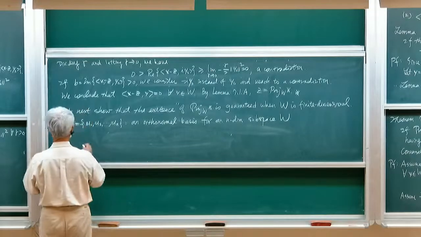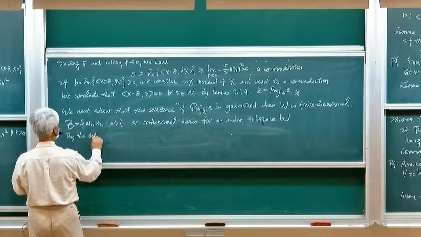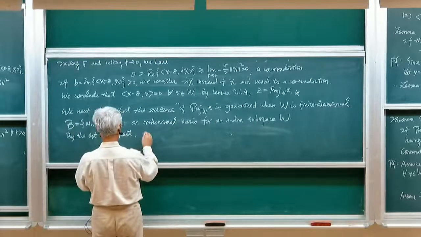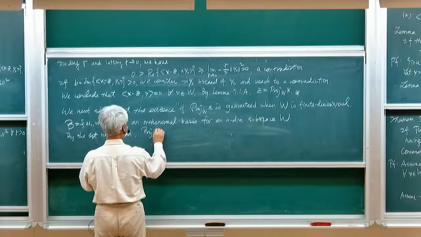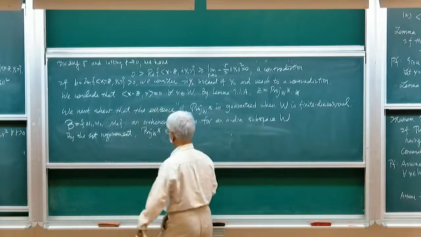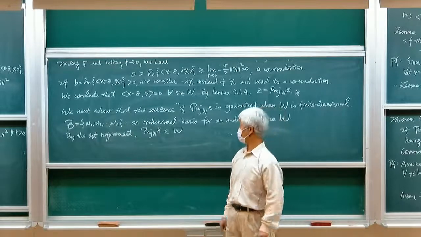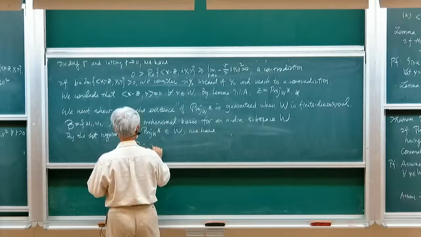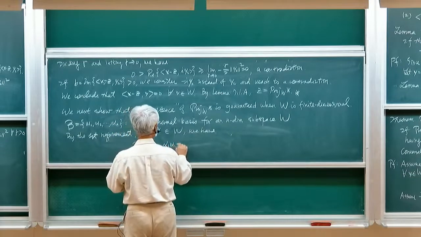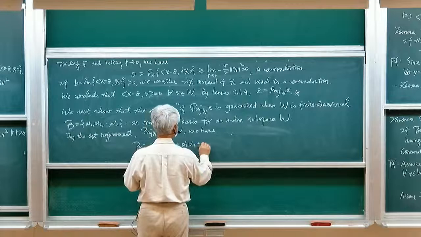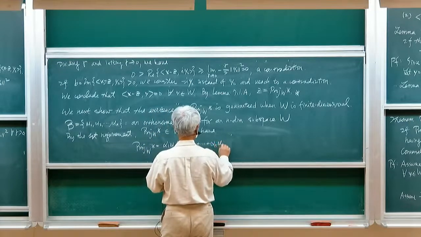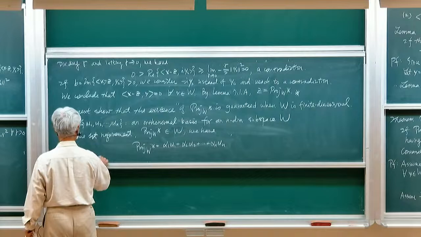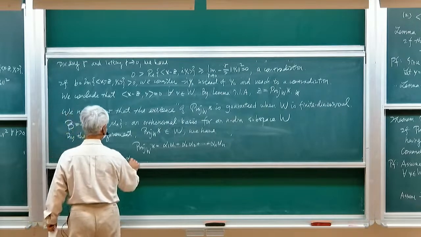All right, and so by the first requirement, the orthogonal projection onto W should be in W. So this orthogonal projection can be written as a linear combination, for some scalars alpha 1 up to alpha n.